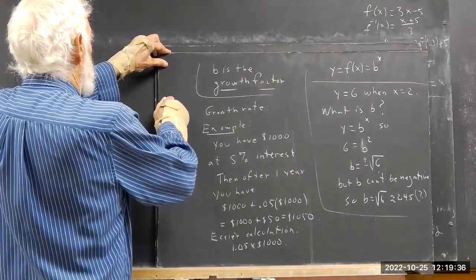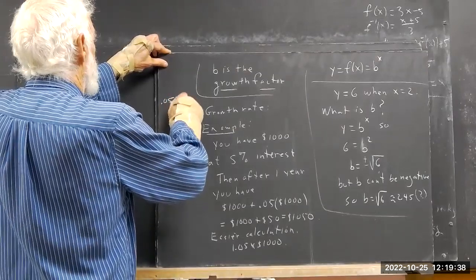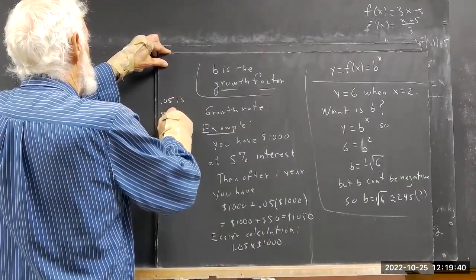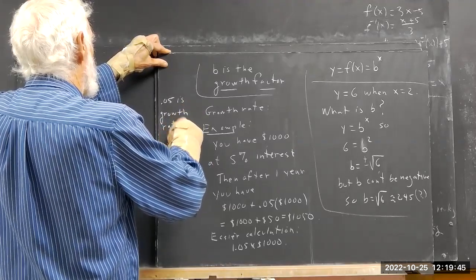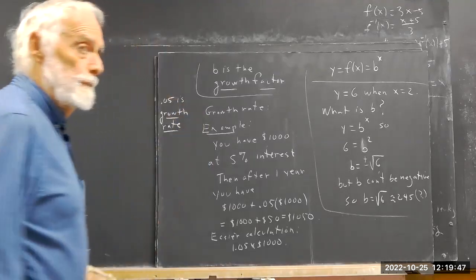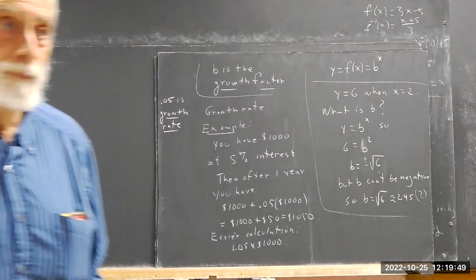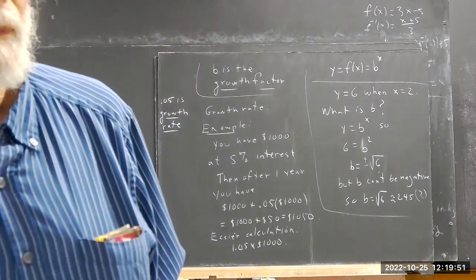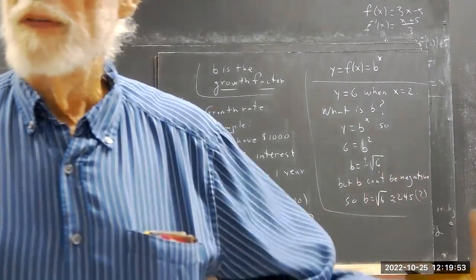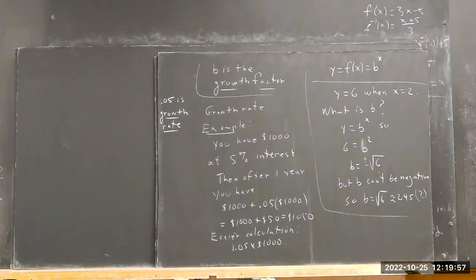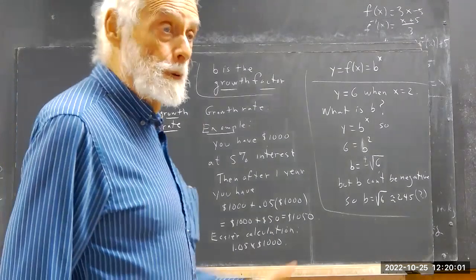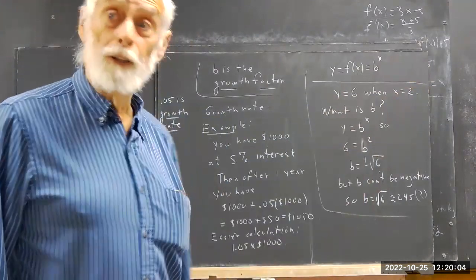In this case, then, 0.05 is your growth rate. In other words, if you have $1,000 and you can make a safe investment at 8%, that's a pretty good growth rate. That just about matches inflation these days.